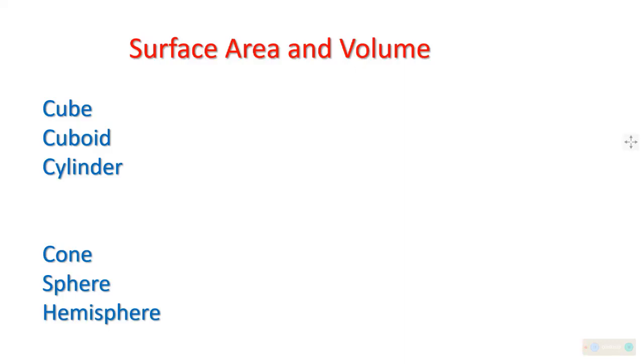I will be making a very quick review about the surface area and volume of cube, cuboid and cylinder, because you have learned and you know the formula and other aspects related to it. For that sake, let me just show you what these figures are all about and what are the formula related to it in order to learn about it.